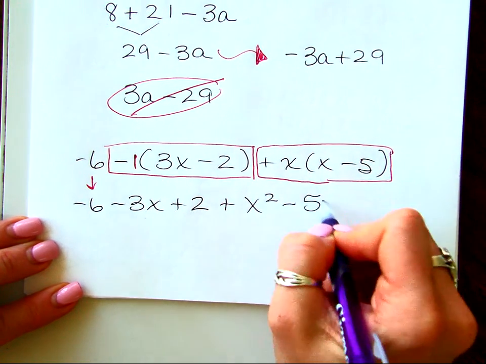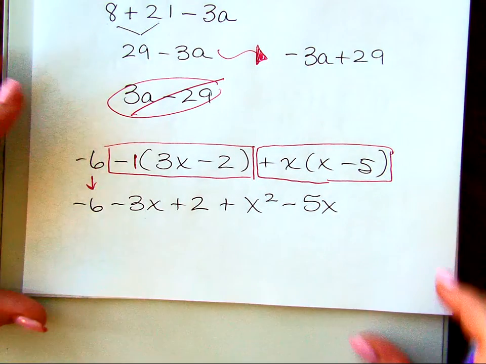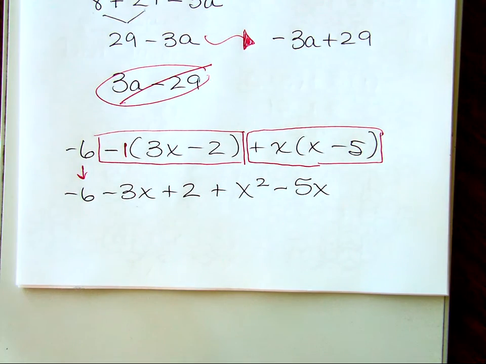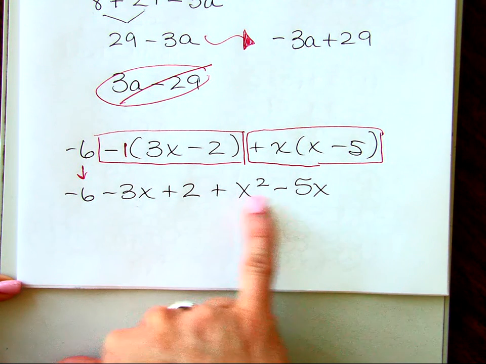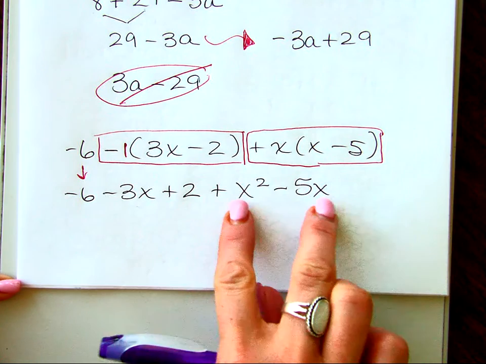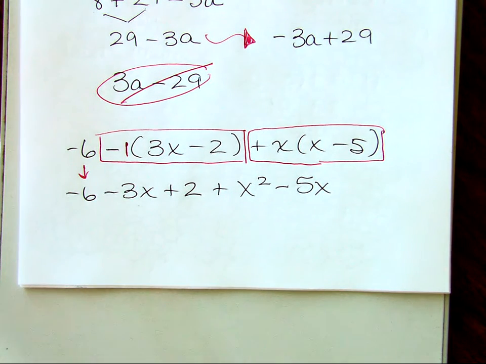Okay, and I wanted to end this problem specifically because when we talk about like terms, it's really not the best thing to say, oh, like terms just have the same variable. Add your a's with your a's and your b's with your b's and you're good. And that's not really a complete definition because technically there's x's here and there's x's here. However, these are not like terms simply because they both have x's.